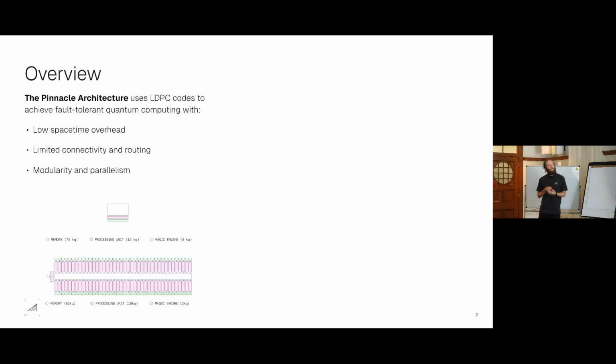Importantly as well, because we're using low-density parity check codes instead of surface codes, we do need longer range connectivity than is necessary with surface code architectures. So surface codes can depend on only nearest neighbor interactions. We're getting the higher encoding rate by allowing longer distance interactions. But importantly, we're not going to require all-to-all connectivity on the scale of a whole 100,000 physical qubit device.